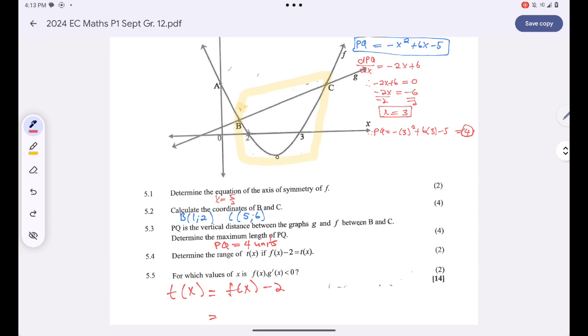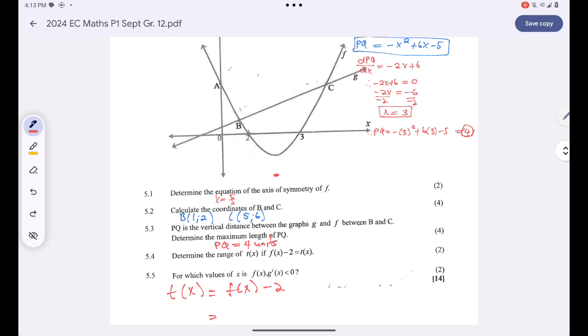So if I can find the y value at the turning point, the minimum value there, and just shift it 2 units down, the resulting graph will be the equation of t of x.